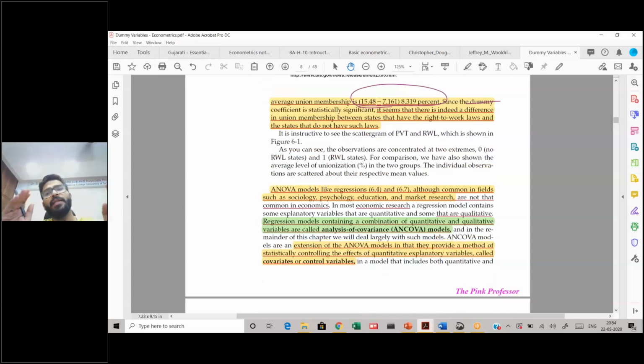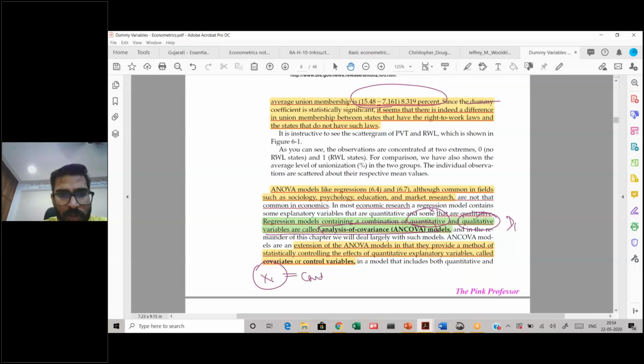Now, regression models which have both quantitative variables, that means xi's, and qualitative variables, which are di's, are called ANCOVA, analysis of covariance. Why is it called analysis of covariance? Because all these xi variables are called control variables, or they're also called covariates.